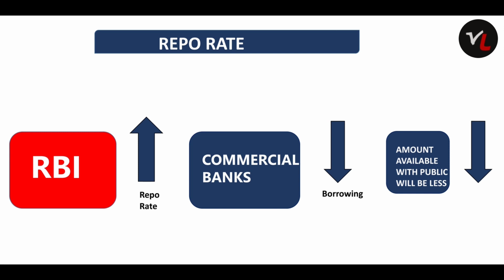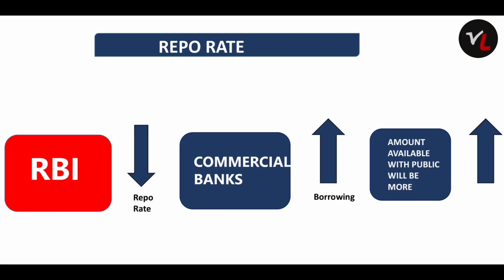If the rate is increased, commercial banks will borrow less money. Thereby subsequently the amount reaching the public will also decrease. How? Because commercial banks would lend less to the public. We have seen that if repo rate is increased, money supply in the economy gets decreased.